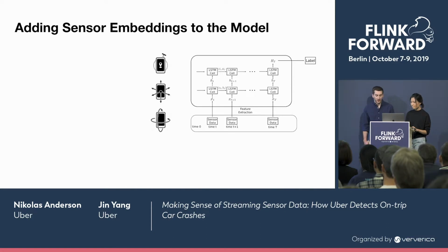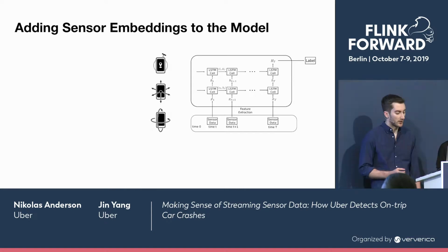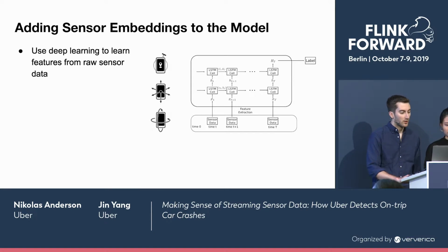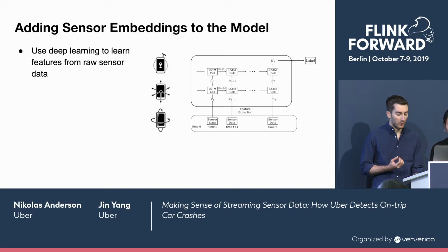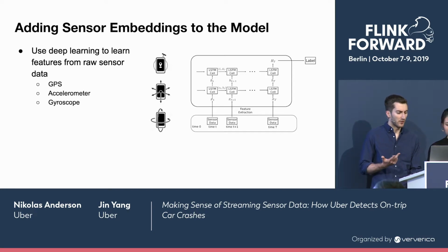Yeah, so all this time we've been iterating, right? Our data scientists had come up with a deep learning model that takes in the raw sensor data and operates on that. It's simply an LSTM, a type of recurrent neural network good for processing time series data. It takes in 3 different sensor streams: GPS and accelerometer, which I've already described, along with gyroscope, which we actually collected along with the accelerometer the whole time.